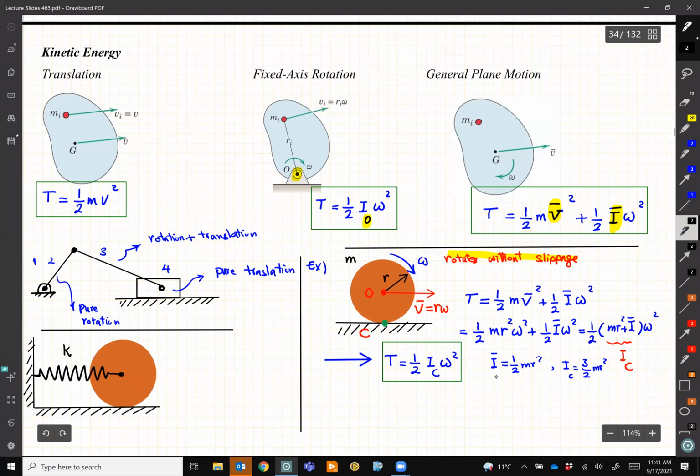K and M, and this is radius R. Just a simple example that we will come back to later.